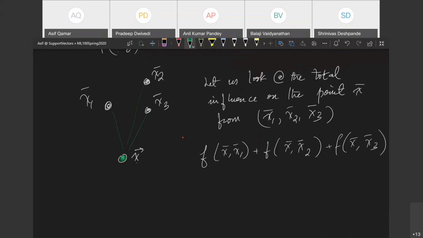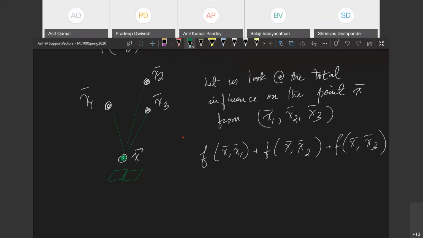Suppose you are sitting here trying to read a book. The luminosity will come from 3 sources, and all 3 lamps will contribute a little bit to the brightness of light, which is helping you read a book at x. Does that make sense, guys?